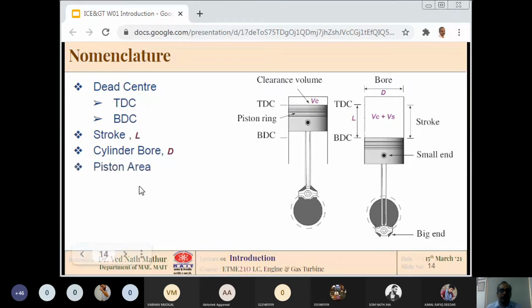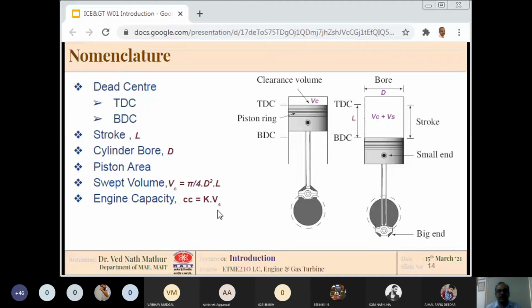And you can calculate the piston area, and you can calculate swept volume, Vs is equal to pi by 4 D square into L. Piston area is pi by 4 D square. And so you can calculate the cubic capacity of this cylinder, which is Vs. And if there are k number of cylinders, then it's called KVs.